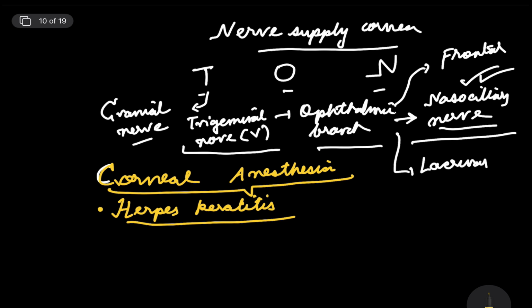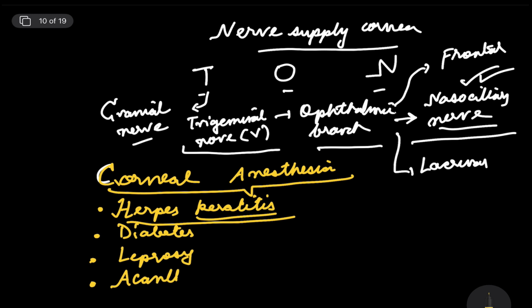Okay, done. What are the other reasons? Well, diabetes can be a reason. Leprosy can be a reason. We talked about herpes keratitis; another kind of keratitis is acanthamoeba keratitis. This can again be a reason.